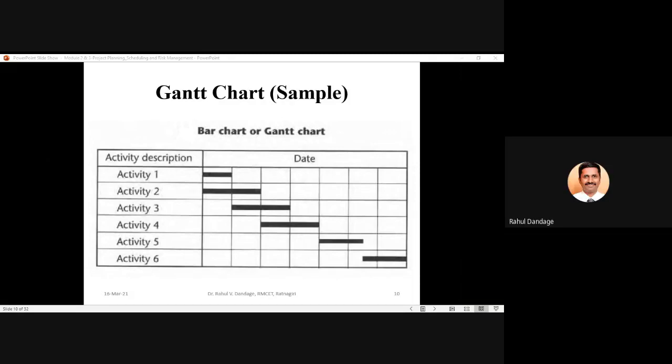In this diagram, if you try to understand the various columns and rows, what you observe is column number 1, which represents the variety of activities related to a particular project, and there are a few more columns.